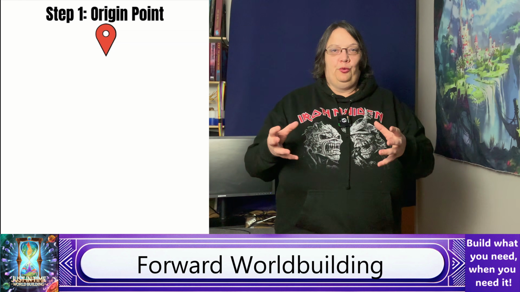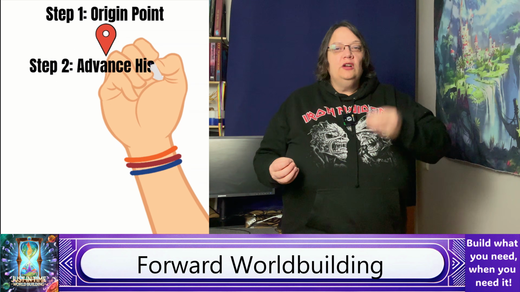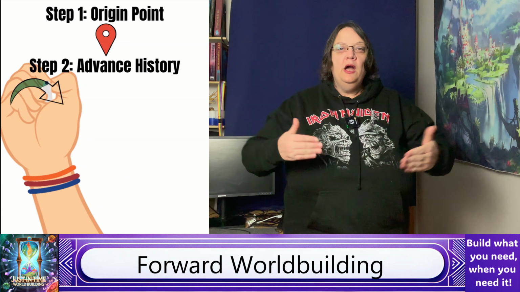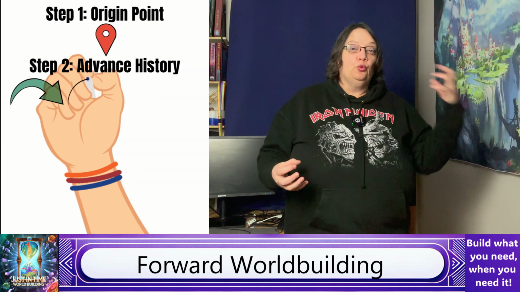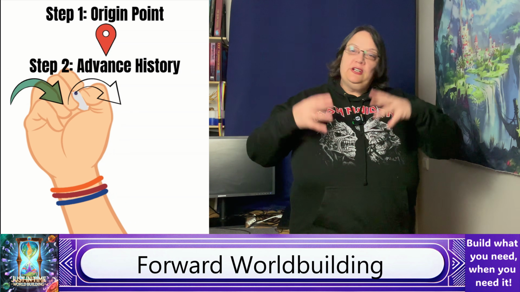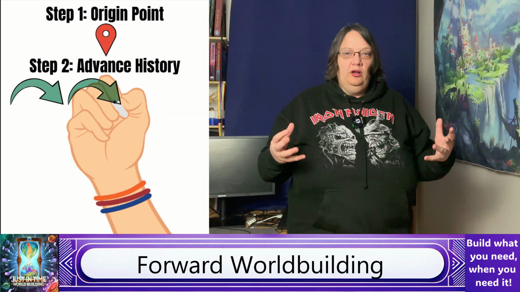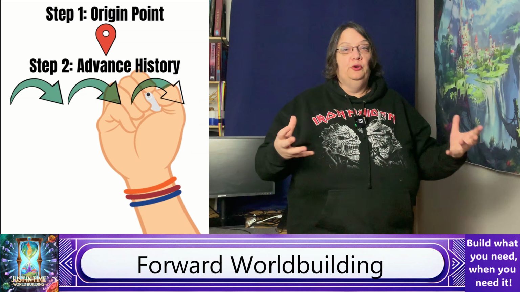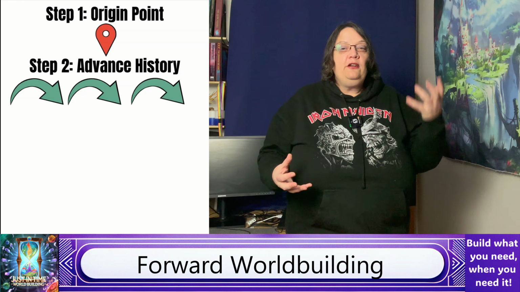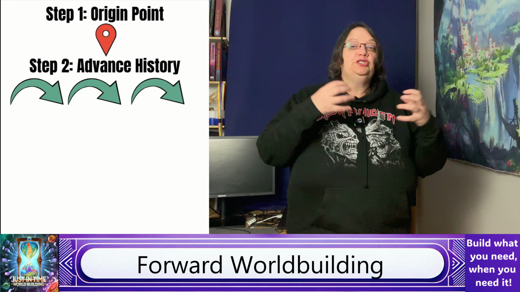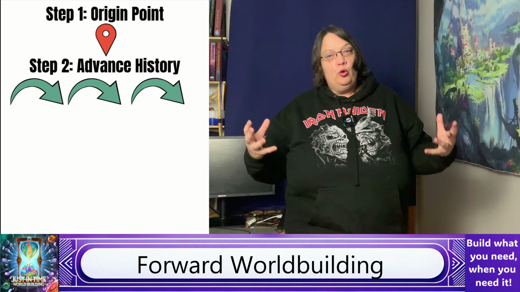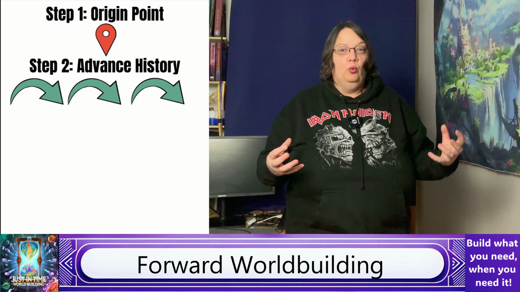Advance your history organically. Once your origin point is established, you move forward through time, considering how societies react and adapt. For example, let's say you're creating a world where Athens discovers magic before Macedonia's rise. Instead of being conquered, Athens uses magic to expand its influence, exporting its culture across the Greek world.